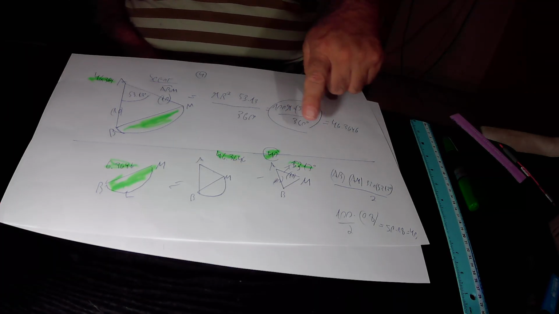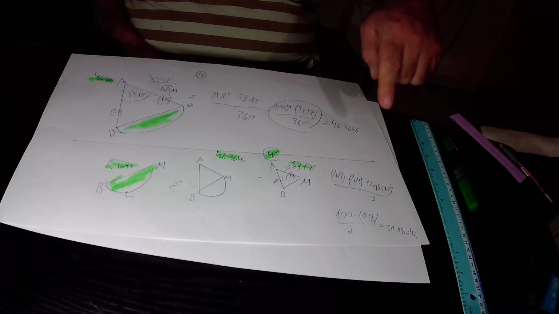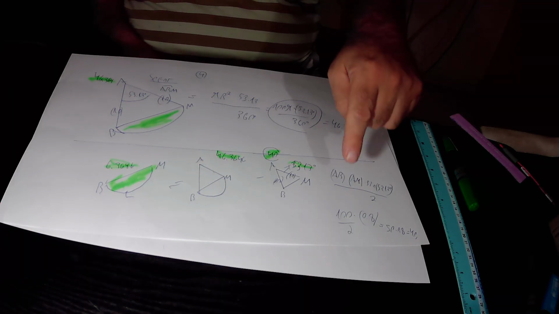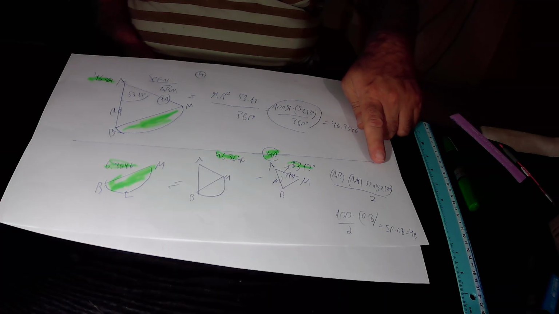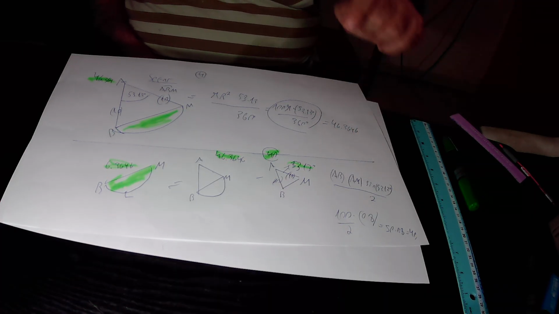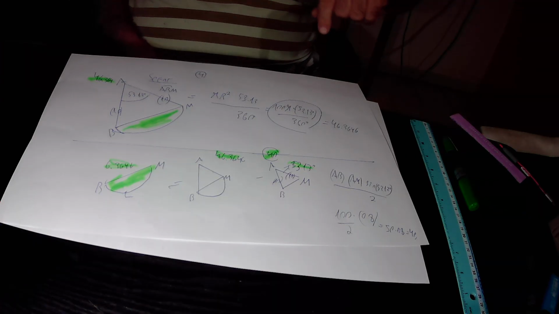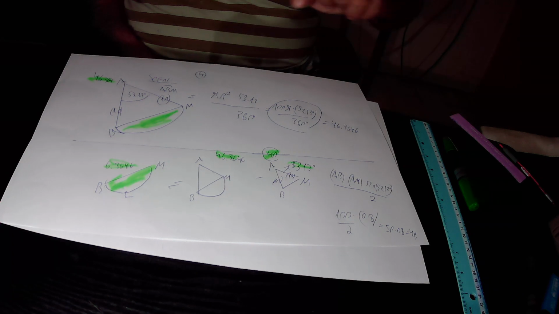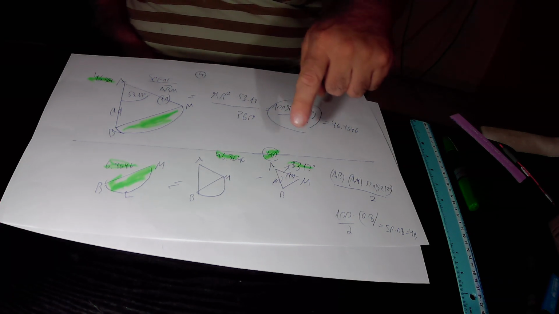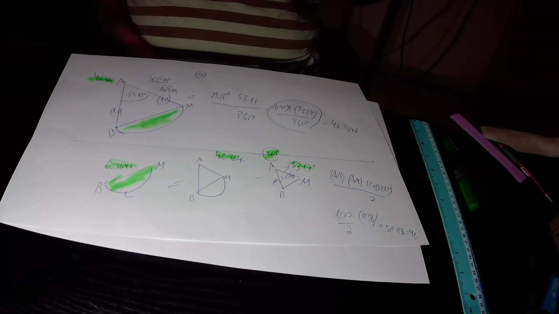AB is 10, AM is also 10, so AB times AM is 100. Sine of 53.13 degrees is 0.8, divided by 2. 100 over 2 is 50, and 50 times 0.8 is 40. So in total, we found that the area of this triangle ABM equals 40 square units in size.